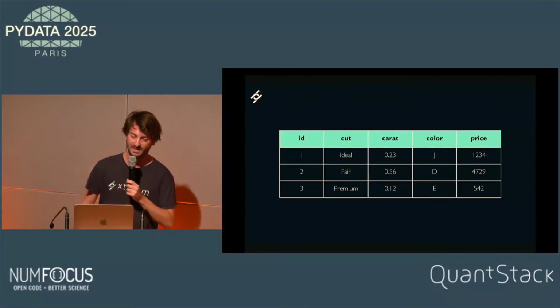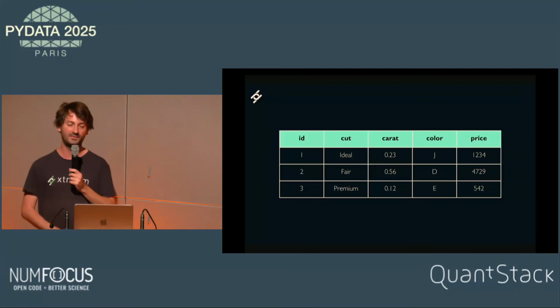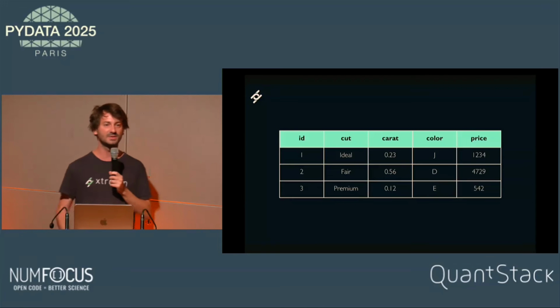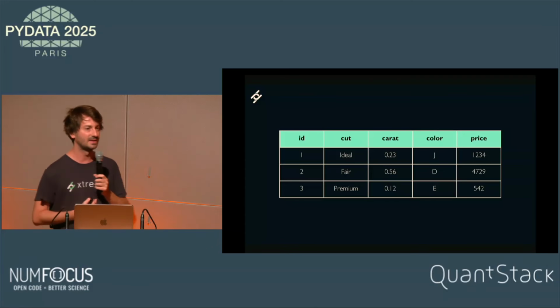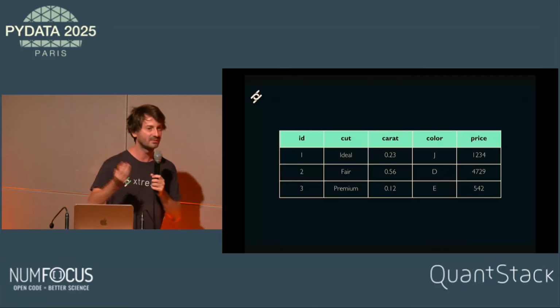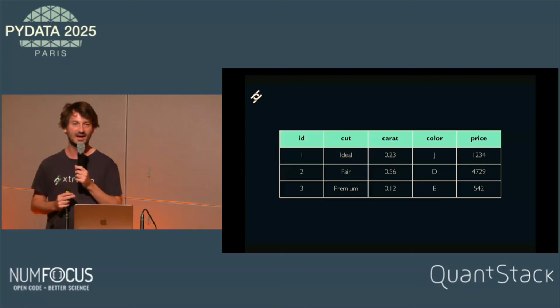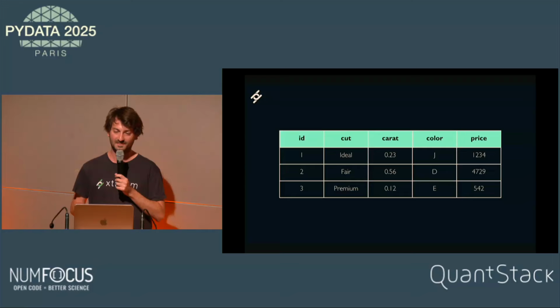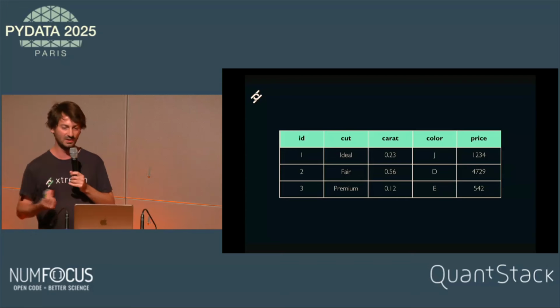So let's start from an example. Here we have a very famous data set. That's part of the Diamonds data set that comes with the ggplot2 R library, for the guys who tried R in the good old days. And that's a very common example of tabular data.